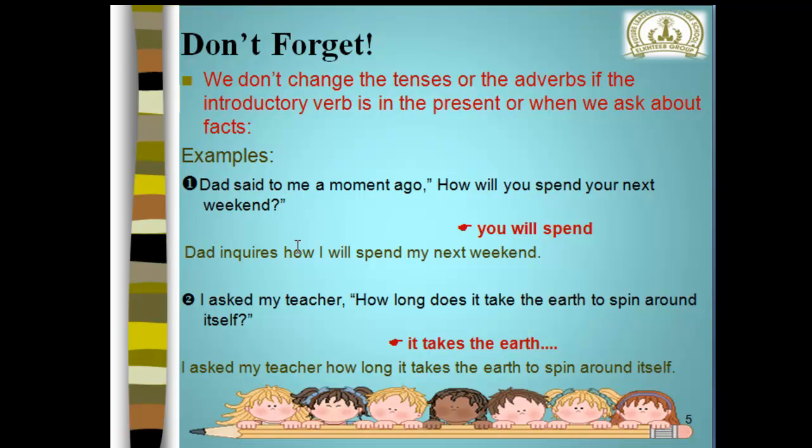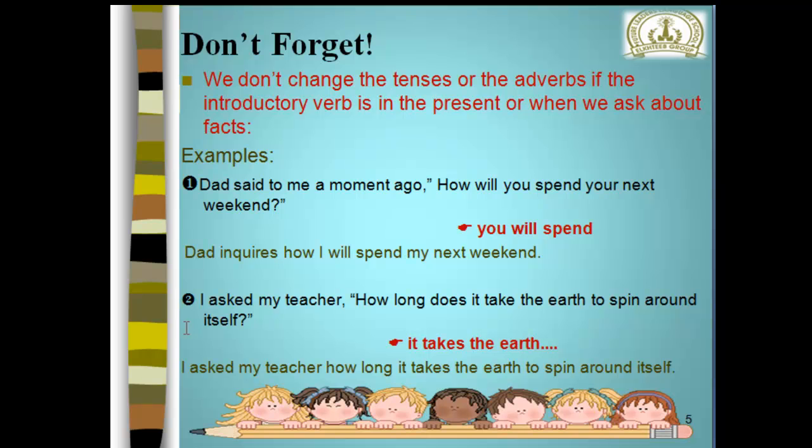Dad inquires how. Then change the question into a statement: "Will you spend?" becomes "You will spend." Dad inquires how I will spend my next weekend. I changed the punctuation marks and the pronouns according to the speaker, but I didn't change any tense or any adverb because it is up-to-date reported speech.